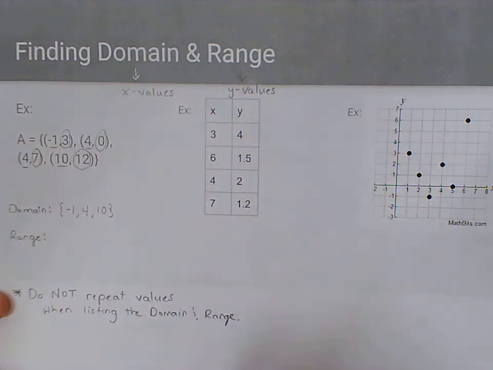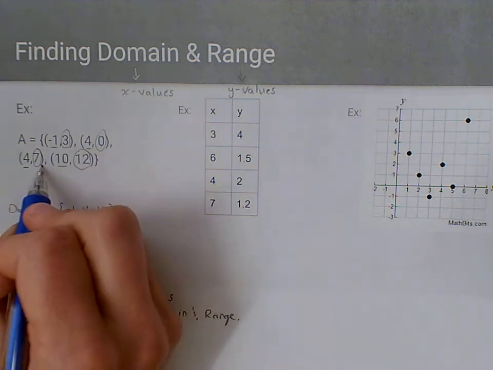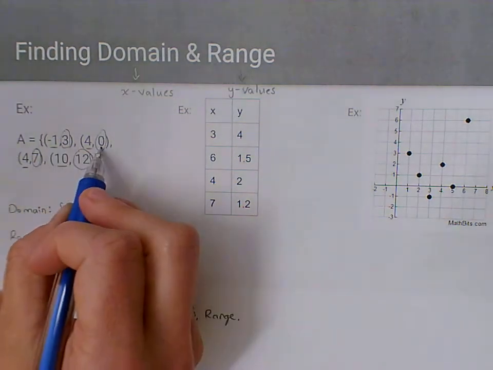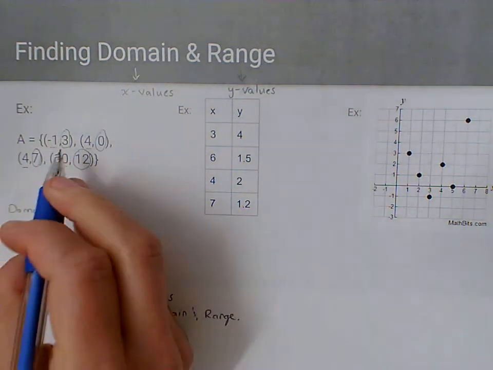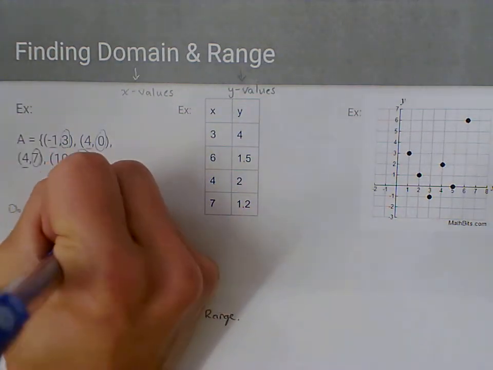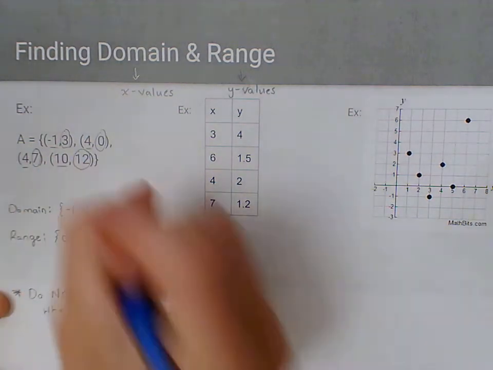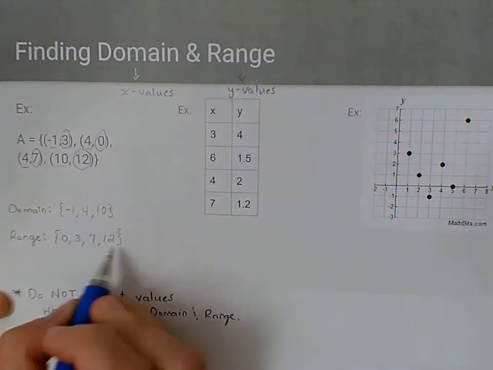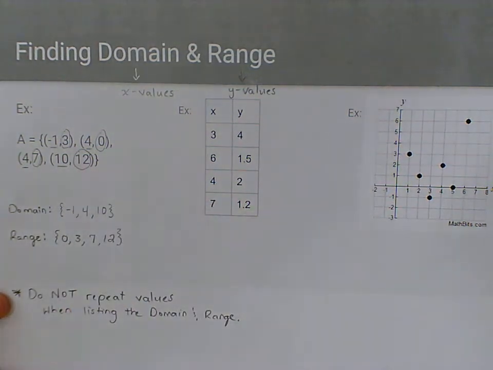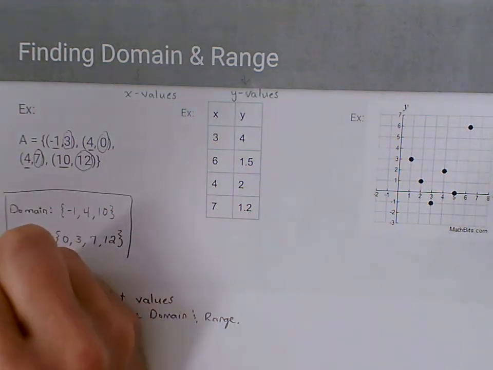Because remember, it's the second part of your ordered pair, okay? And so I'm going to just simply write them in order. So the smallest number would be 0. The next biggest would be 3, and then we have 7, and then we have 12, and then that's all of them. So that's the range, and we didn't have any repeated values, so we didn't have to worry about that part. And so there is your domain and range.